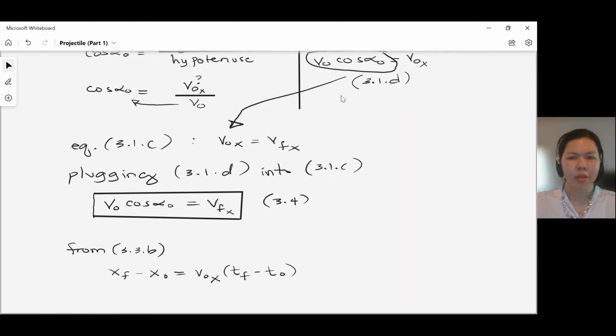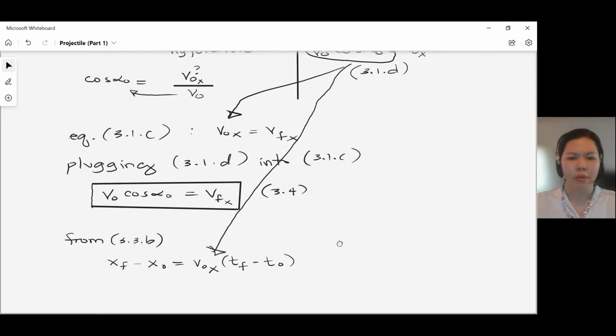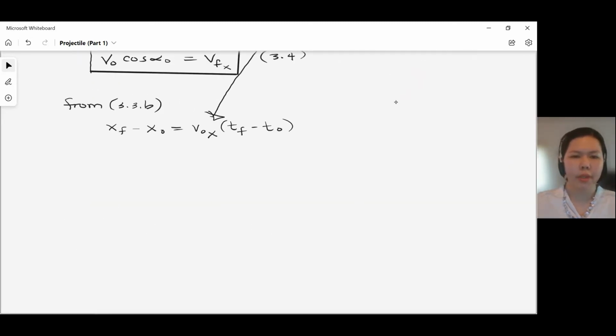We now plug 3.1.d into the v naught x of 3.3.b. So this value goes here. That's v naught cosine alpha o. So xf, just copy the left side, minus x naught equals v naught cosine alpha o. And we drop now the t naught because we know that it is 0.